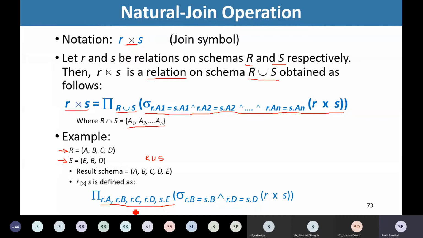So the common attributes will appear only once in natural join.